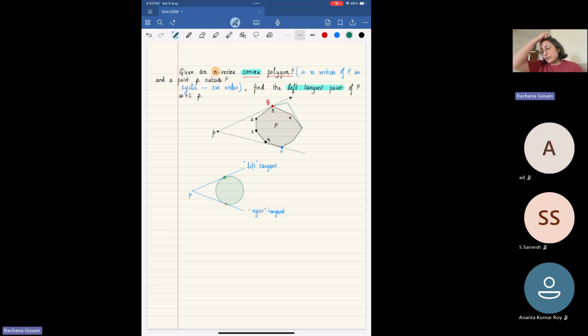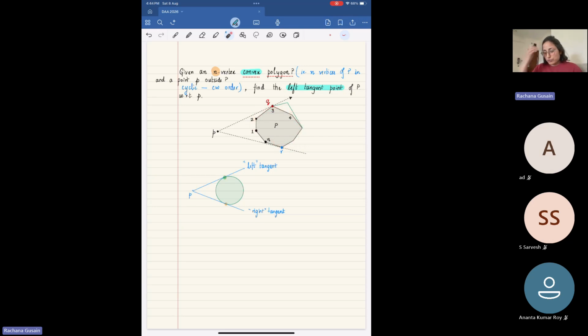So now, given this property of the left tangent point, can you give me a linear time algorithm to find Q, the left tangent point? So it's a searching algorithm, right? I am given these endpoints in the cyclic order.